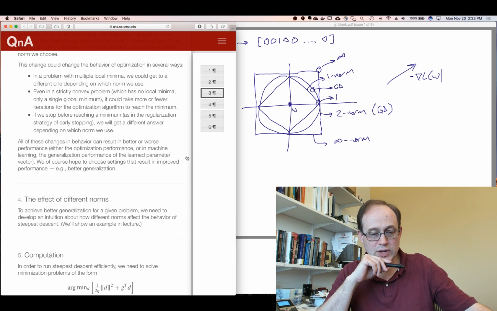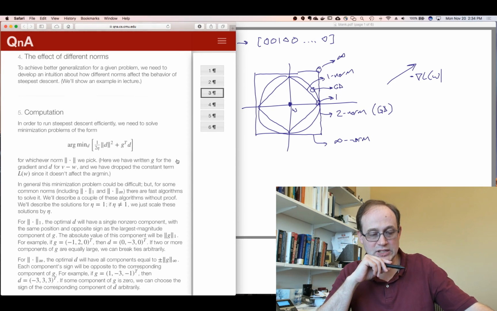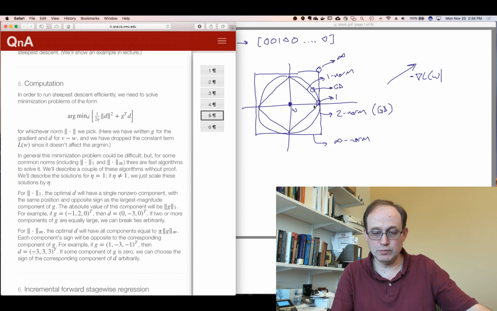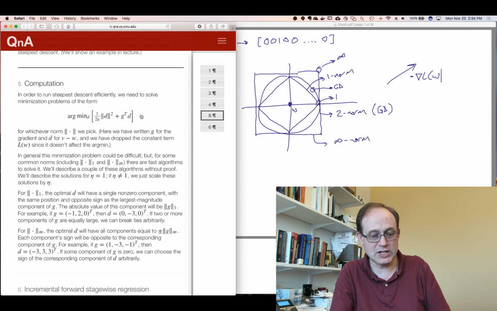All right. So in order to run steepest descent efficiently, we need to be able to find these update points, meaning we need to be able to solve minimization problems that look like the one that we did before. So if D is our update direction, the difference between V and W, and G is our gradient, the optimization problem looks like this.